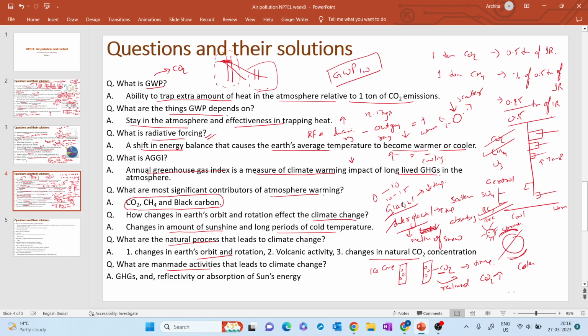During the glacial time, the temperature is low, there is a lot of ice or snow formation, and the CO2 is trapped, so the concentration is decreased. So the glacial and interglacial periods in the past led to high concentration of CO2 in one place and low concentration in another.